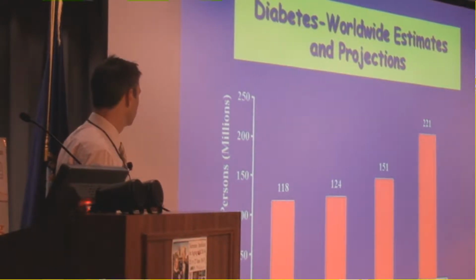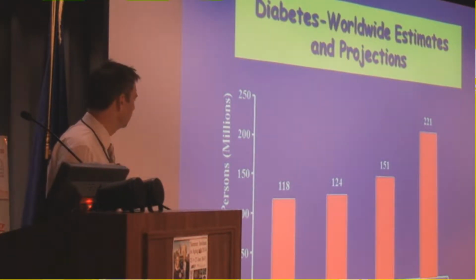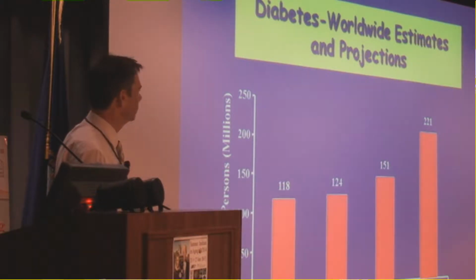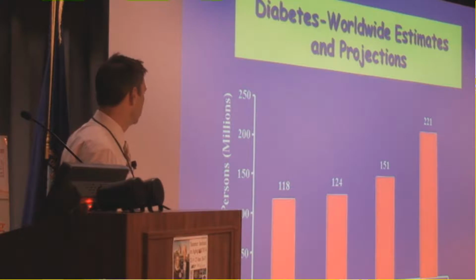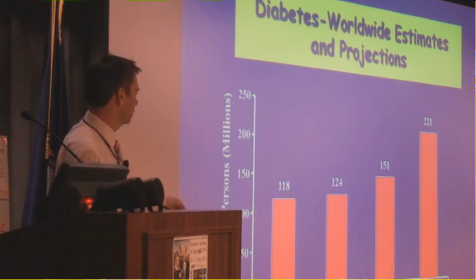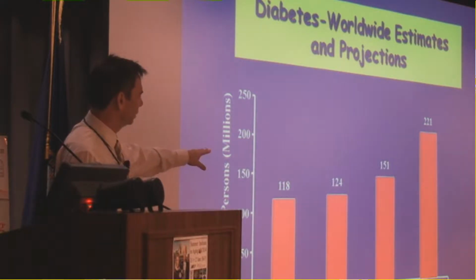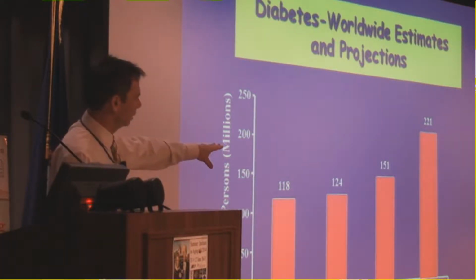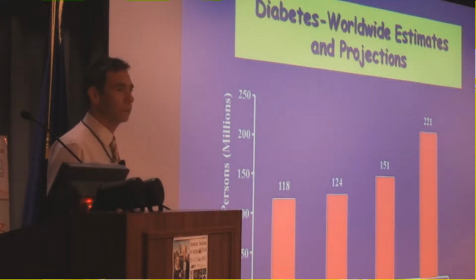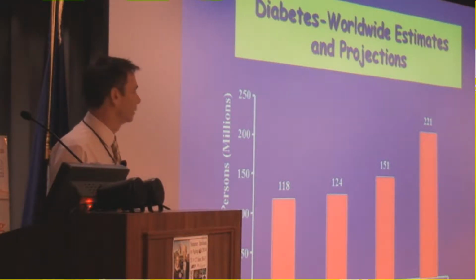So this figure shows essentially the number of people with diabetes in the world, both type 1 and type 2, over time, and it has been increasing slowly. In 10 years, between 2000 and 2010, there was a very significant increase of about 80%.